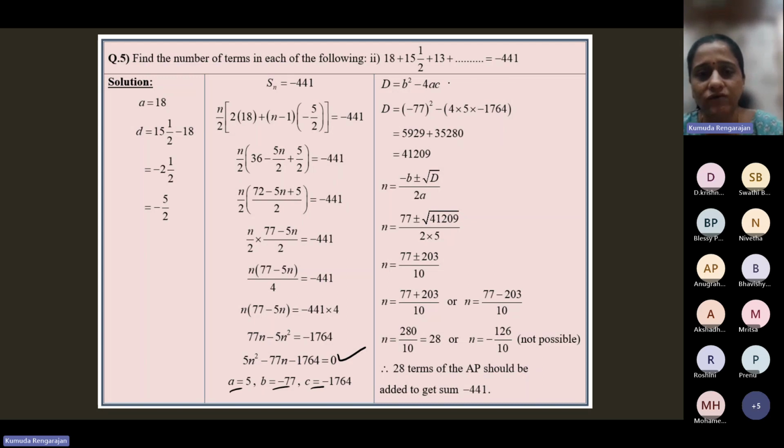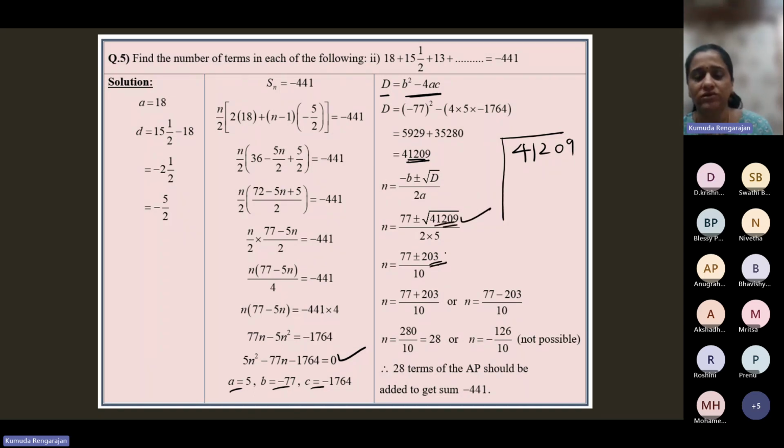Then to use the quadratic formula, find the value of D, B square minus 4AC. Then n is equal to minus B plus or minus root D by 2A. So D is 41209. You should know how to find the square root of this number by the special long division method. When you do that, you get 203. The square root of this number is 203.